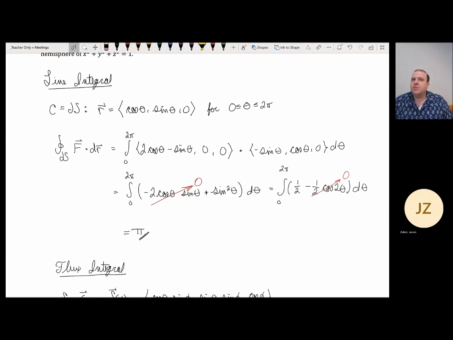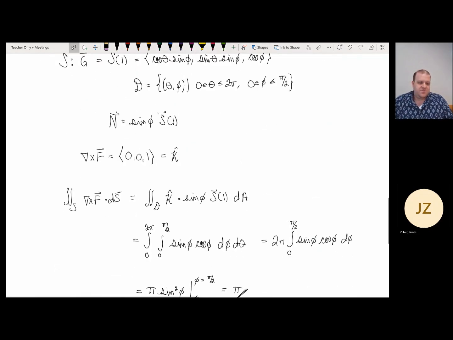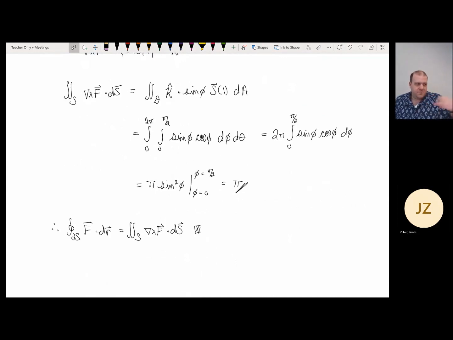Line integral is easier, and it usually is. We'd have to have a very complicated boundary with a simple surface in order to make Stokes' theorem actually worth it.